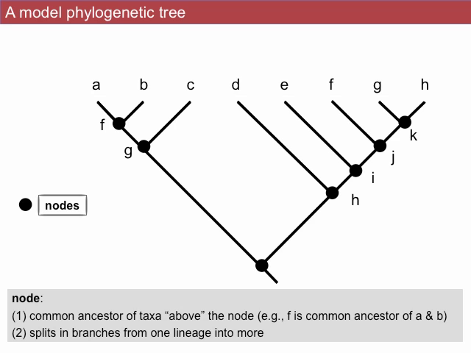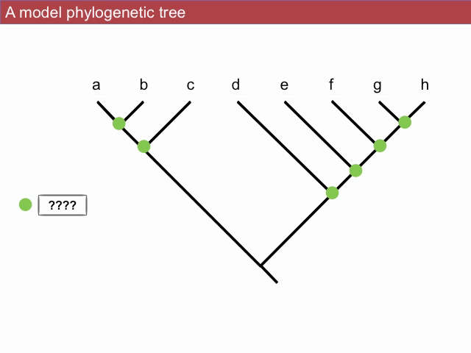So if we look at A and B, their most recent common ancestor is represented at this node labeled F. And I'm being very specific here, saying most recent common ancestor as opposed to just common ancestor, because anywhere along the branch leading up to F are common ancestors of A and B. Those are all common ancestors of A and B. The node at which the split occurs to lead to A and B is the point at which the most recent common ancestor existed for those two taxa.